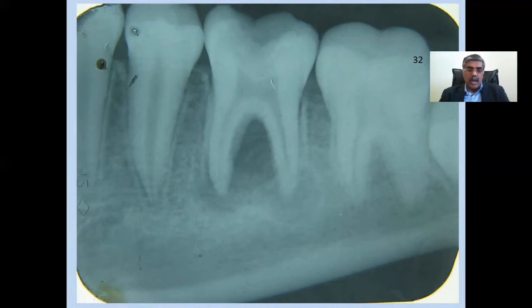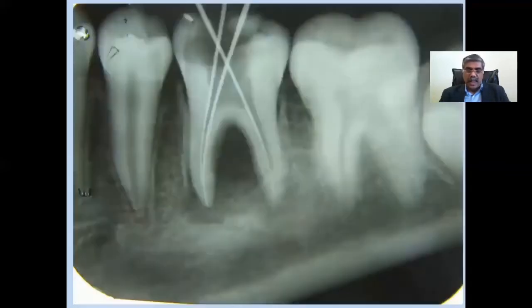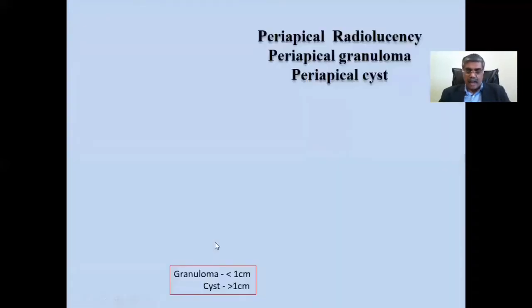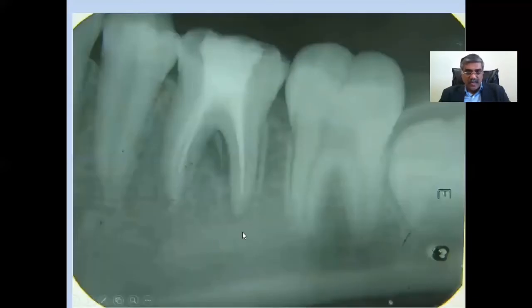So what I did is started a root canal treatment, did the pulp extirpation and biomechanical preparation, gave the intracanal dressing, left it for some time, and allowed the periapical lesion to heal. Here you can see there is a remodeling of the bone, and gradually new bone started forming. And this is after a few months of follow-up.